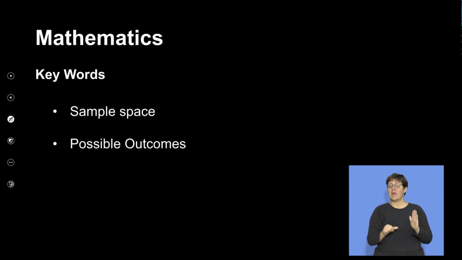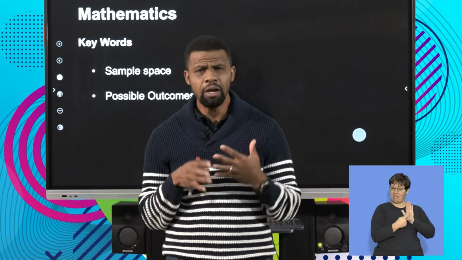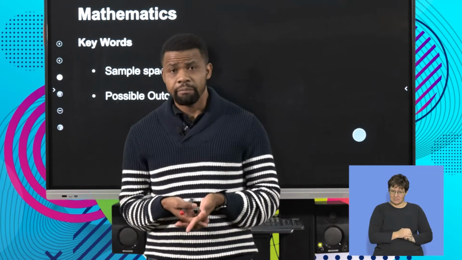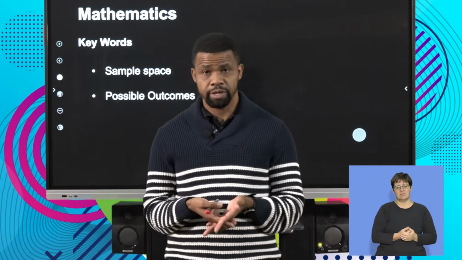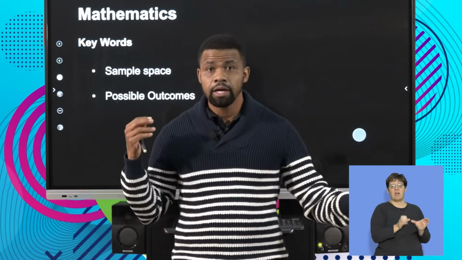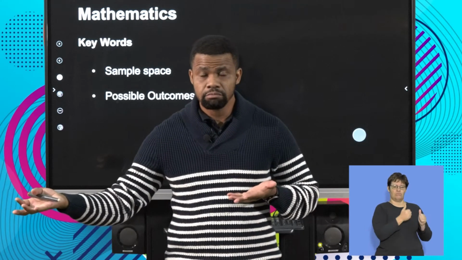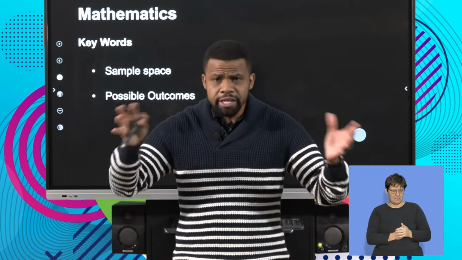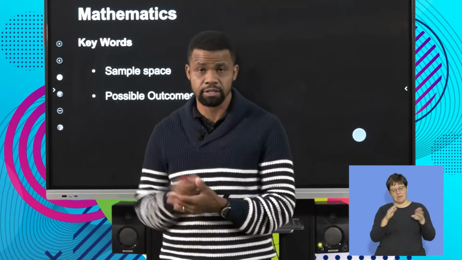Some of the key words you need for your tree diagram. It's a sample space. What is a sample space? Okay. If I'm in a class with chairs and tables, are we together? And I'm looking at that, the sample space will be the number of chairs and tables in the class, the total.